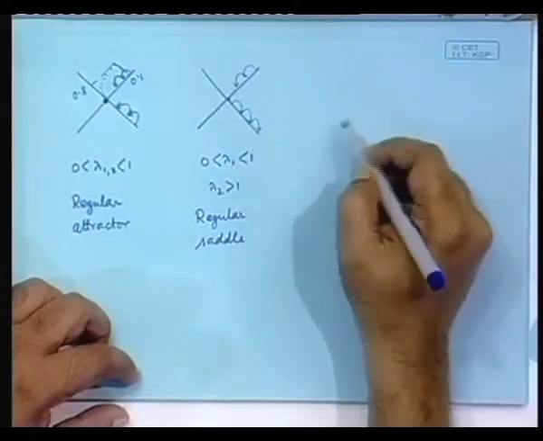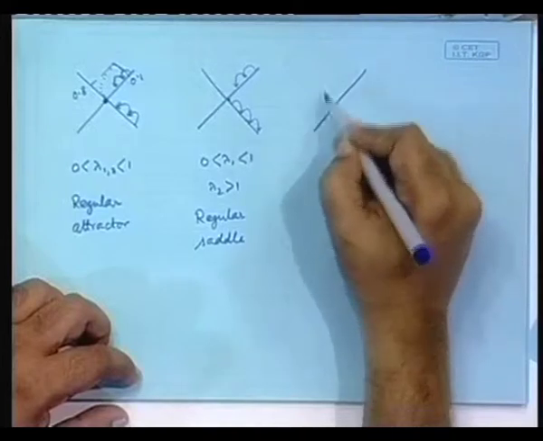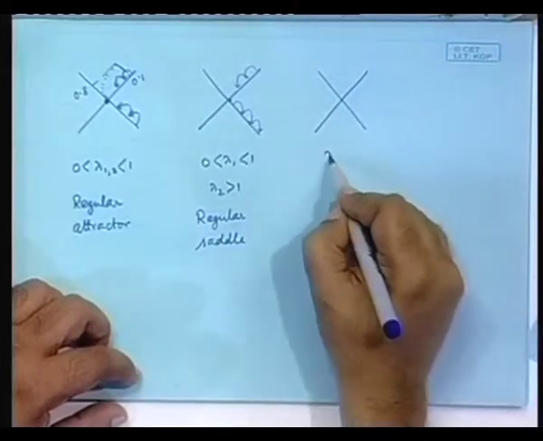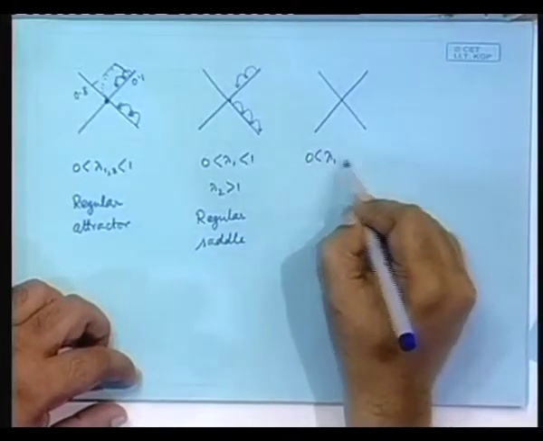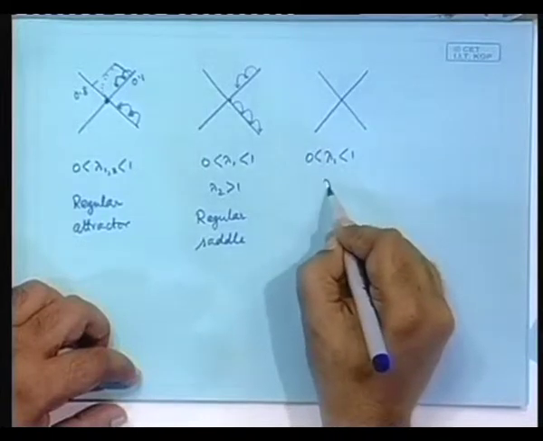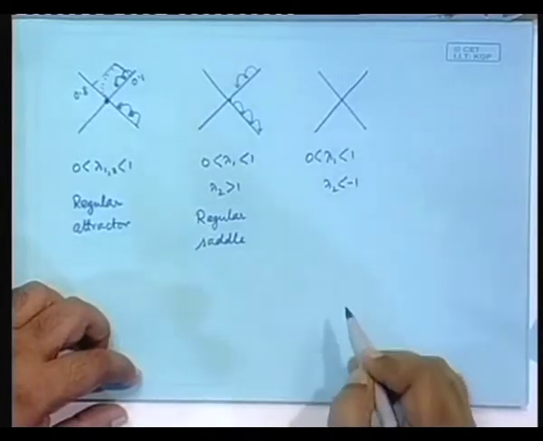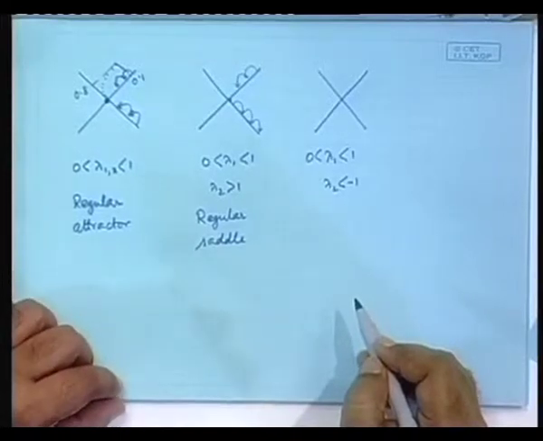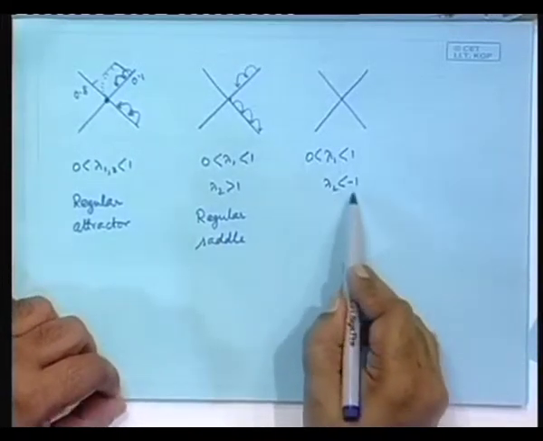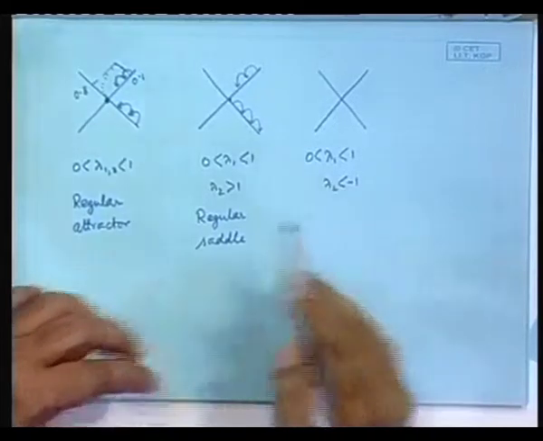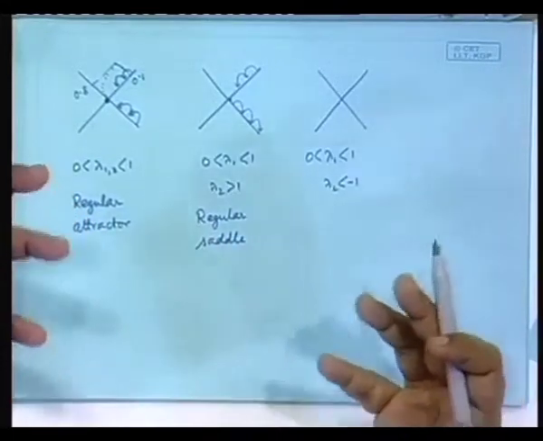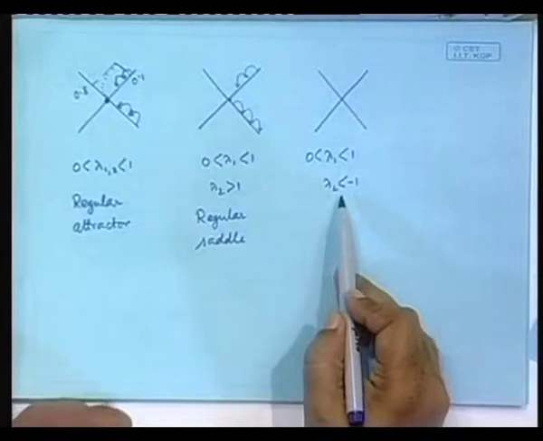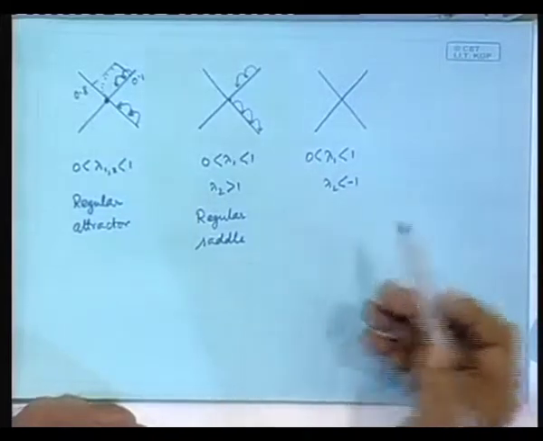Next, what if you have, then, flip saddle, because this is less than -1, it is outside, its magnitude is greater than unity. So, this is saddle and this is negative, therefore, flip.